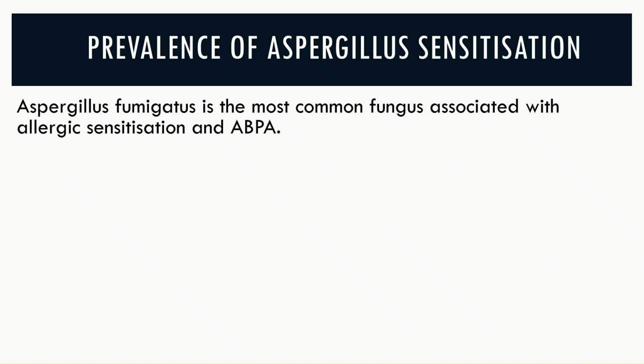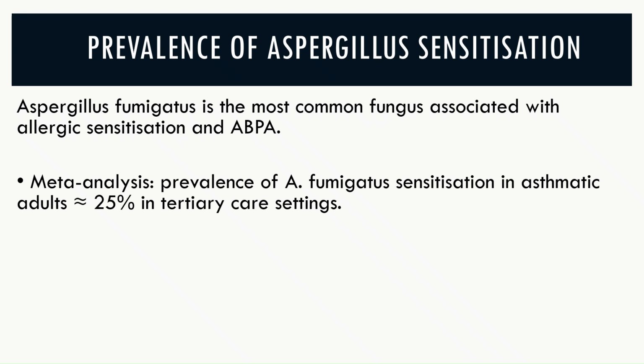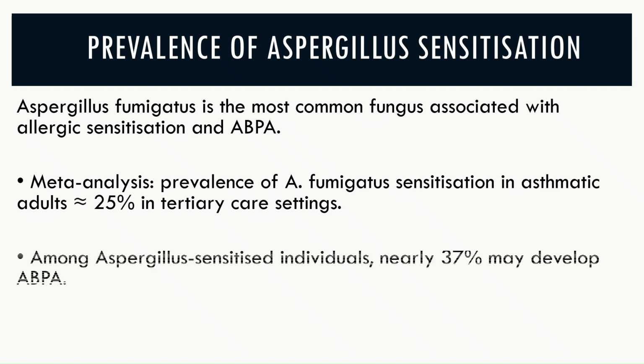Prevalence of Aspergillus sensitization. Aspergillus fumigatus is the most common fungus associated with allergic sensitization and allergic bronchopulmonary aspergillosis. In a recent meta-analysis, the pooled prevalence of Aspergillus fumigatus sensitization among asthmatic adults was approximately 25% in tertiary care settings.